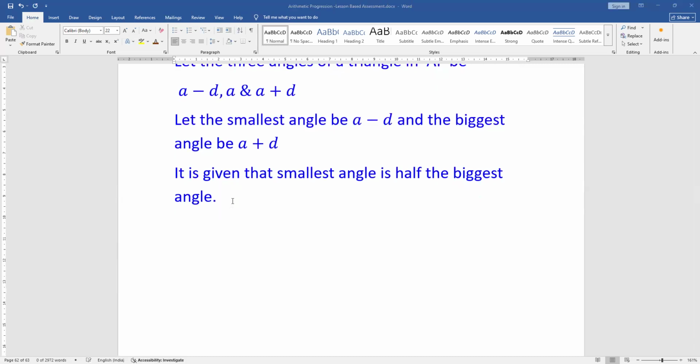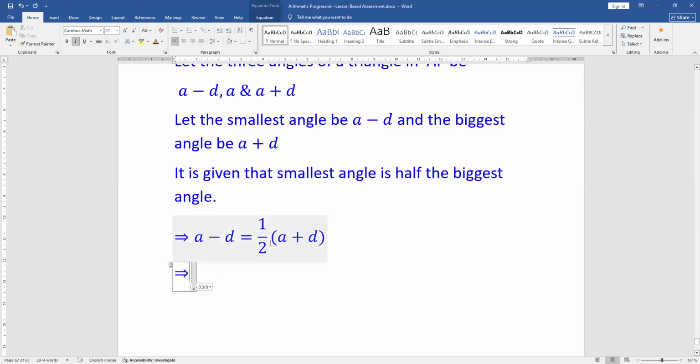Now what is the smallest angle here? The smallest angle is nothing but a - d, correct? So a - d equals half the biggest angle, and the biggest angle is (a + d). When introducing that binomial, make sure that you use brackets. You must practice this.